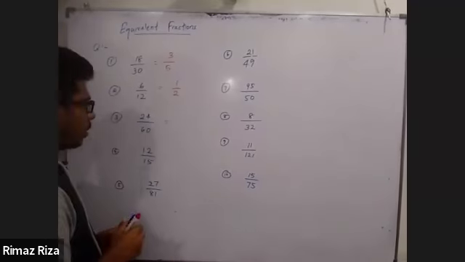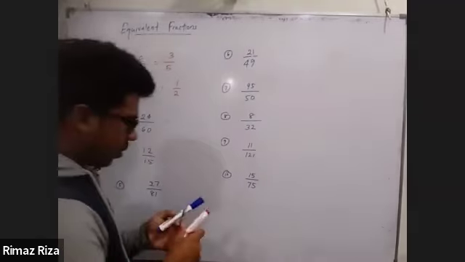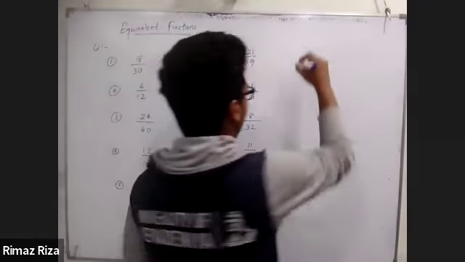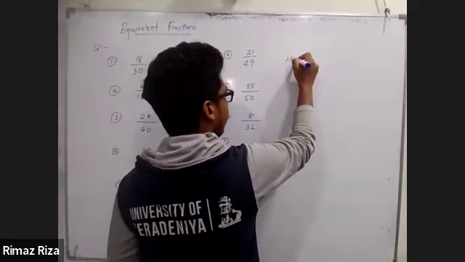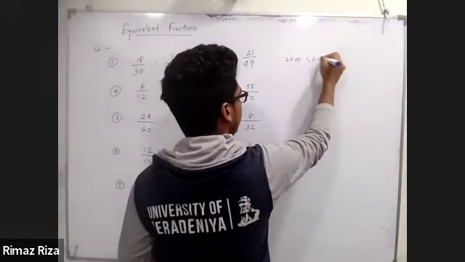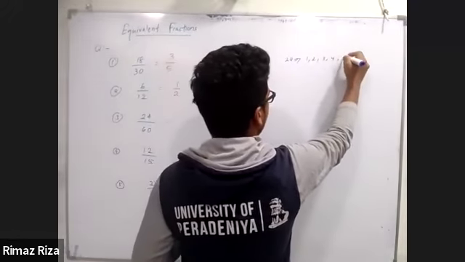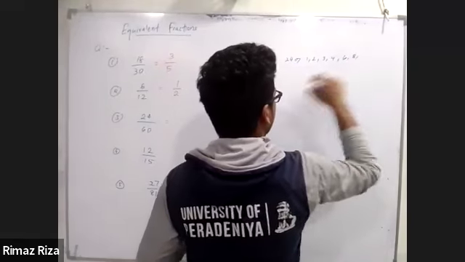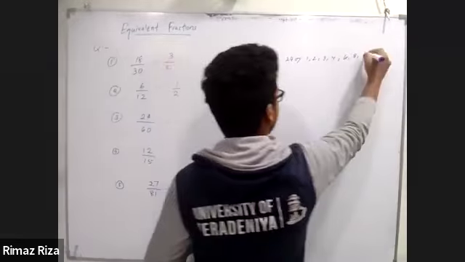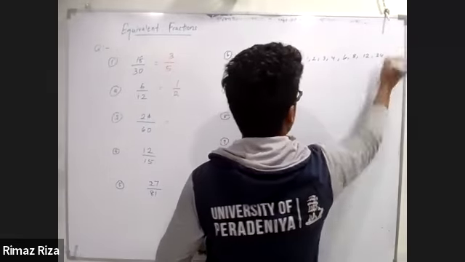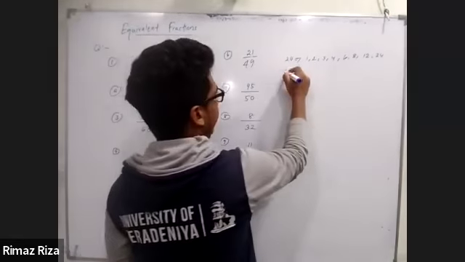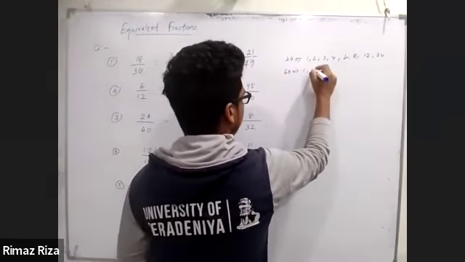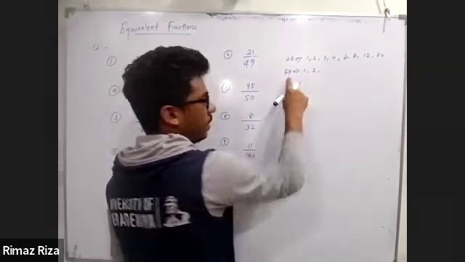24 and 60. What are the common factors we have? So I first write the factors of 24. We have 1, 2, 3, 4, not 5, 6, 7, 8, 9, 10, 11, 12, and 24. And 60, if I write 1, 2, 60 is an even number.